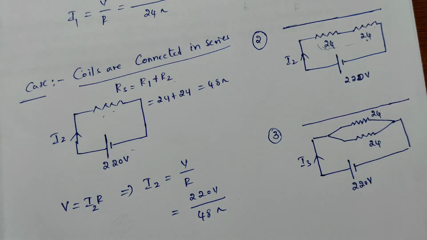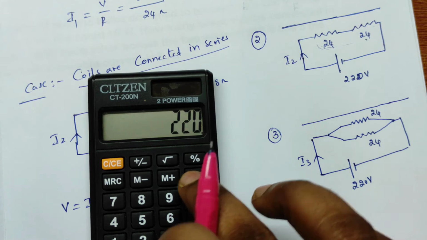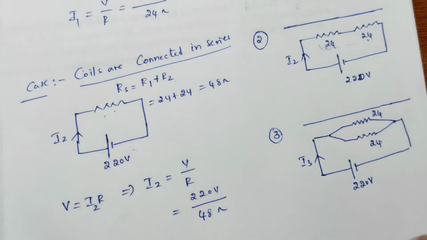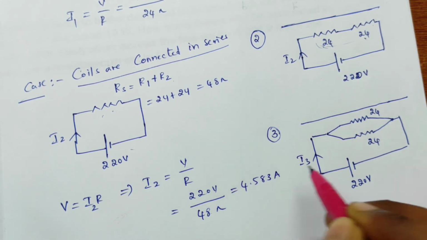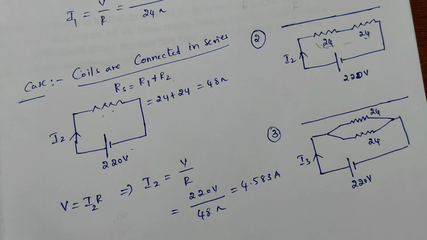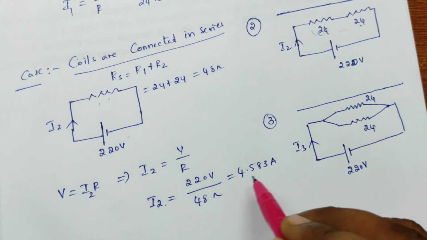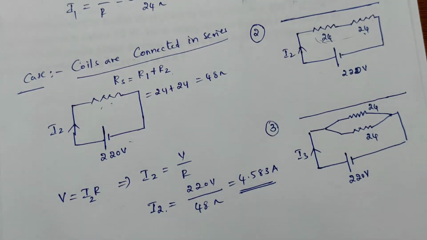So 220 volts divided by 48 is equal to 4.583 amperes. So this is I2. This is I1 and this is I2.